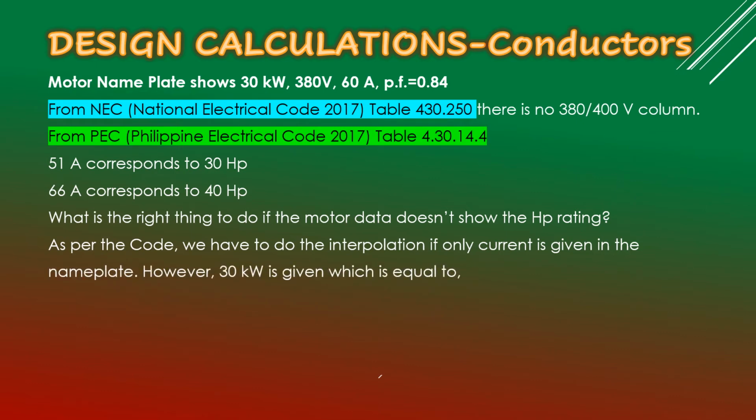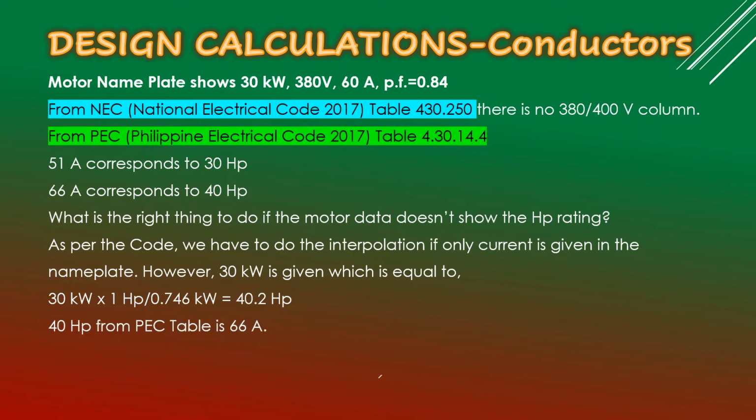However, here 30 kilowatt is given, which is equal to 30 kilowatt times 1 horsepower over 0.746 kilowatt. This is actually equivalent to 40.2 horsepower. So this 30 kilowatt is the mechanical output. It was only expressed in kilowatt. So this motor is actually a 40 horsepower motor.